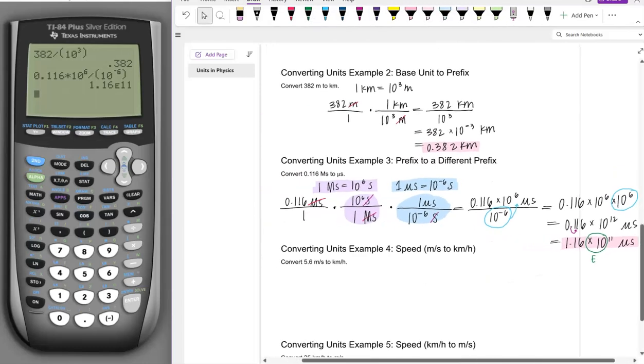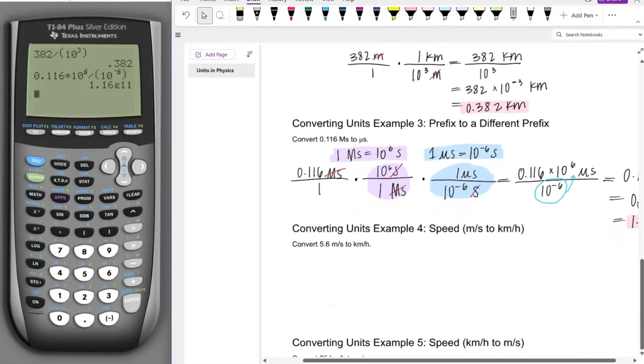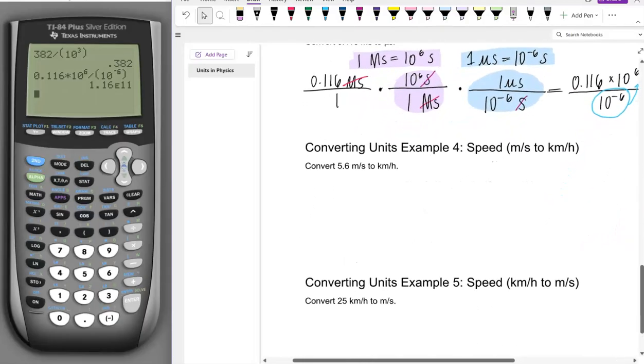Okay, so far we've done all just converting units. We haven't seen anything that has 2 units in it, like this next example, which is a speed unit. We have meters per second, so notice that has distance units and time units in it. And we're converting it to kilometers per hour, so that's also another distance and time unit.